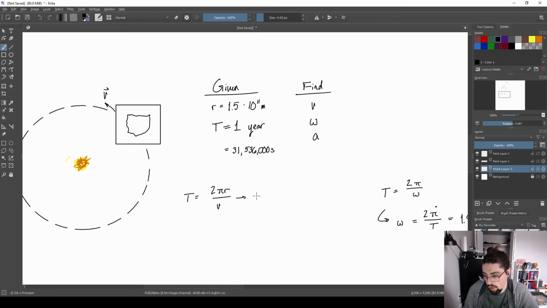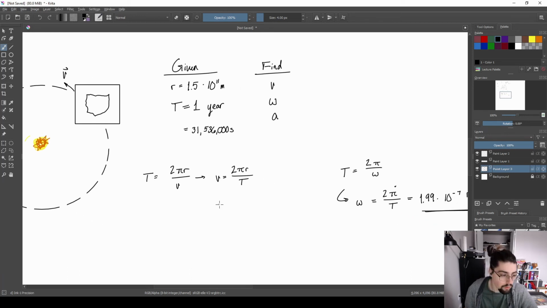Rearrange this: v is equal to 2 pi r divided by T. Doing so finds a velocity of 29,886 meters per second. Pretty fast.